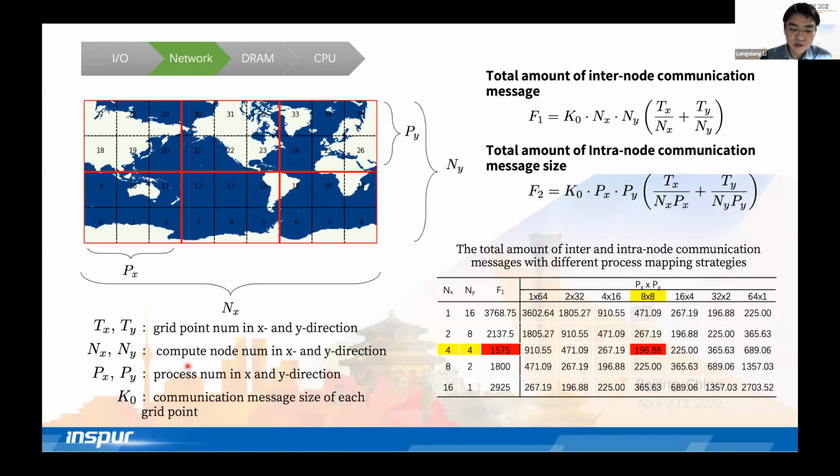However, when we increase the thread number in each process, we can decrease the process number, and the communication volume is also reduced. In the right table above, we can see that the best number of threads keeps increasing when we use more CPU cores.